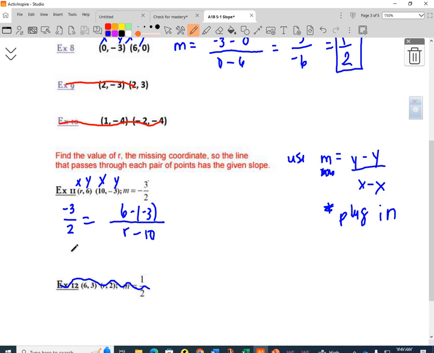So we're going to bring this down, negative 3 over 2. We're going to do this on our calculator, 6 minus negative 3, and get 9. You don't have to do that on your calculator right now, because we want to make sure we have enough time to do both examples. This can't be separated yet, so we're going to put that on the bottom in parentheses.